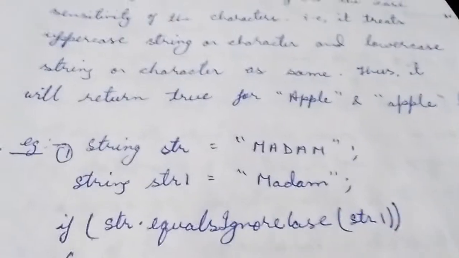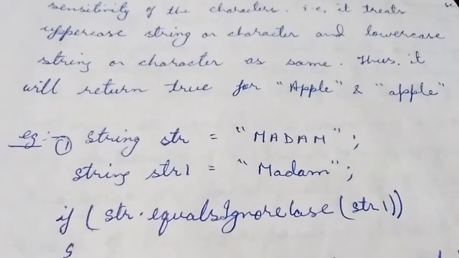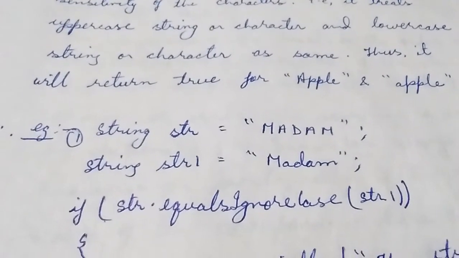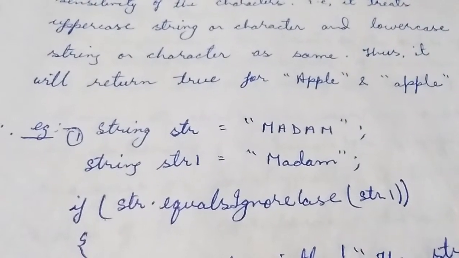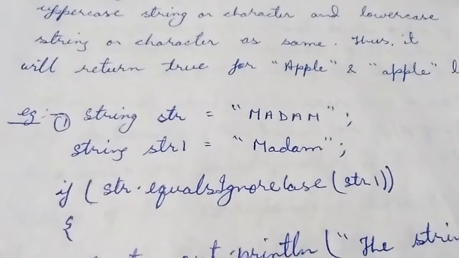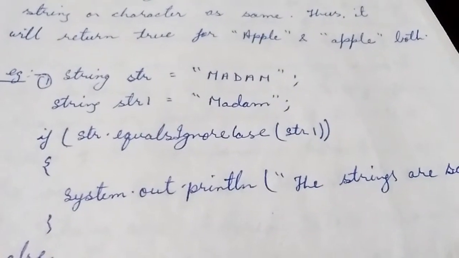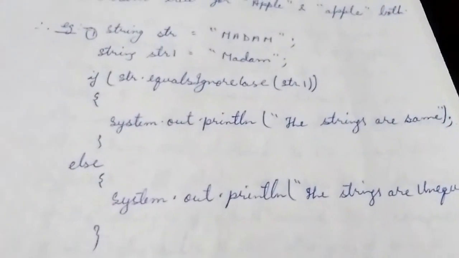Let us see one example. String str equals MADAM and str1 equals Madam. The first one is in uppercase, whereas in the second one the first character is in uppercase and the remaining in lowercase. In this condition, when we check the equality using equalsIgnoreCase, it will return true and it will print strings are same or equal.